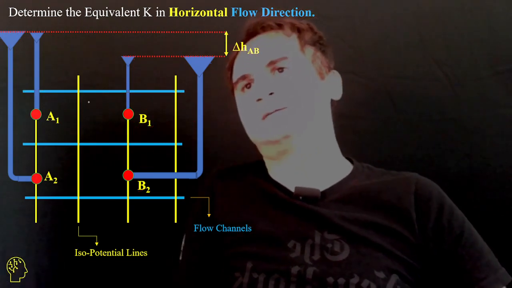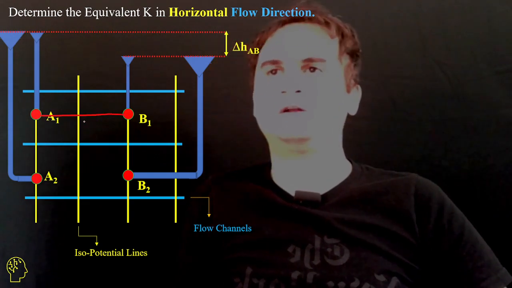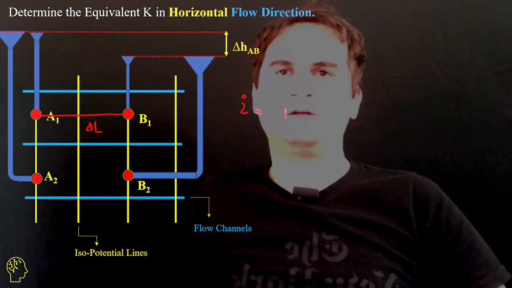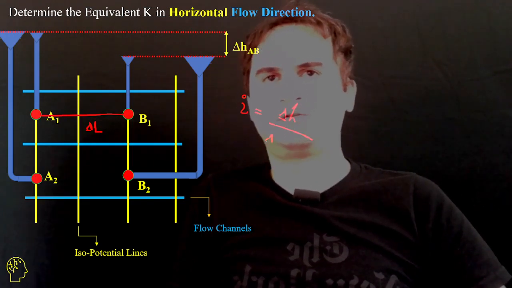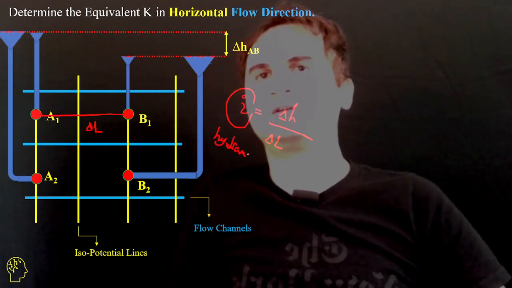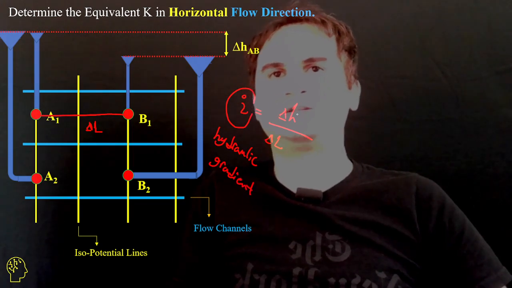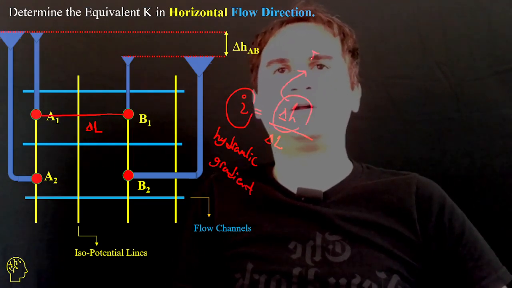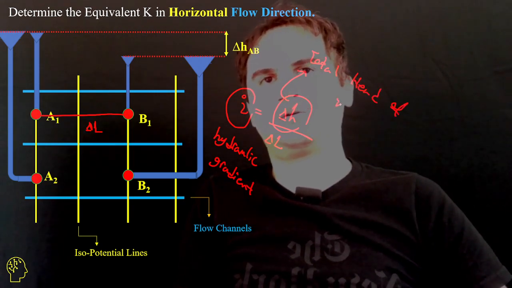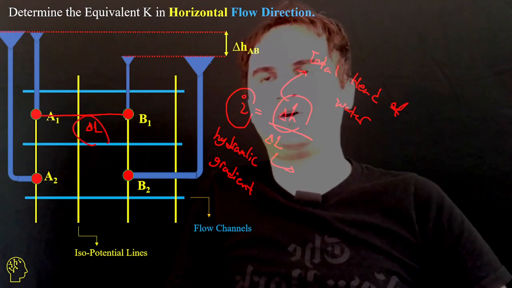So let's see if we want to travel from A1 to B1. This is our delta L, and we can define I, which is the total head loss over the length of our travel. I is our hydraulic gradient, which means the change of total head of water over the length which we travel from A1 to B1.